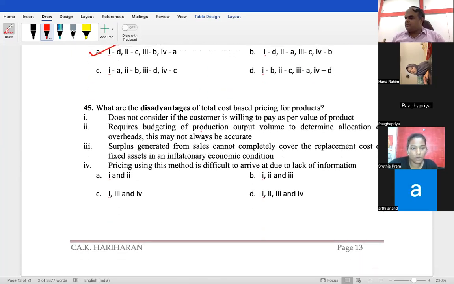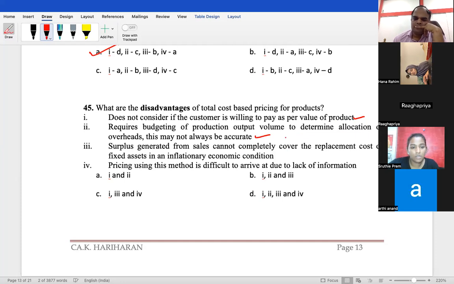Next one: what are the disadvantages of total cost based pricing for products? Statement 1: does not consider if the customer is willing to pay as per value of product. Statement 2: requires budgeting of production output volume to determine allocation of overheads. This may not always be accurate. Correct.